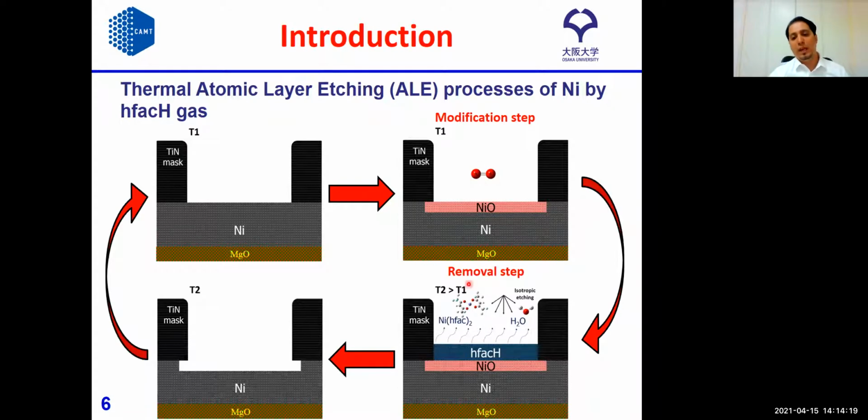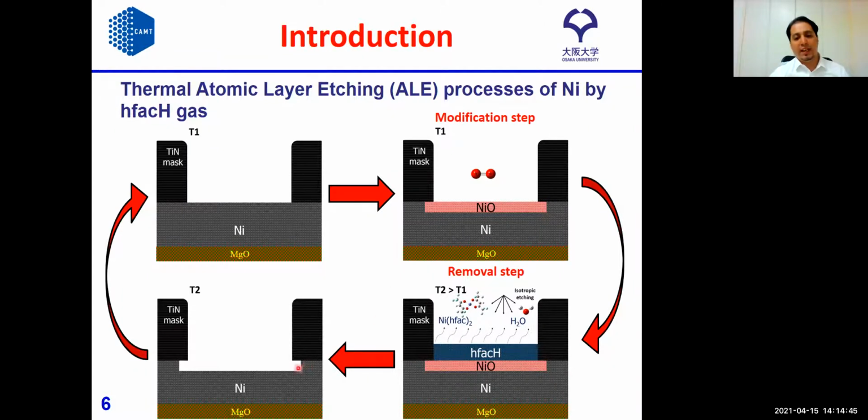Then the surface is exposed to the etchant gas, which can be a beta-diketone gas. For example, here we are using hfacH gas. The nickel complex will be formed and volatilized, along with H2O, as you can see here, to remove this nickel oxide layer by increasing the temperature of the surface.